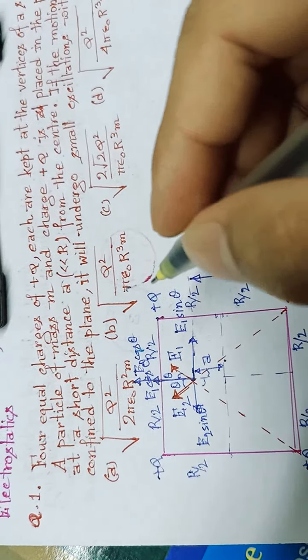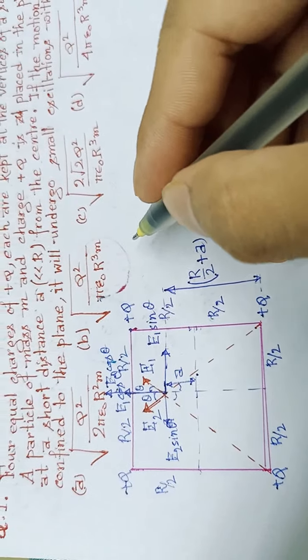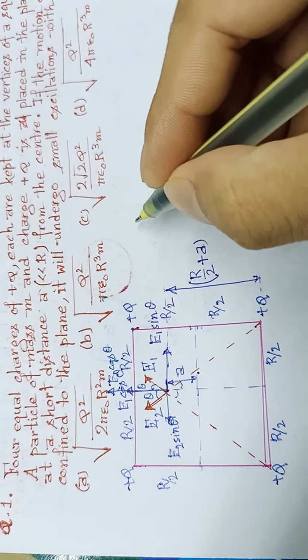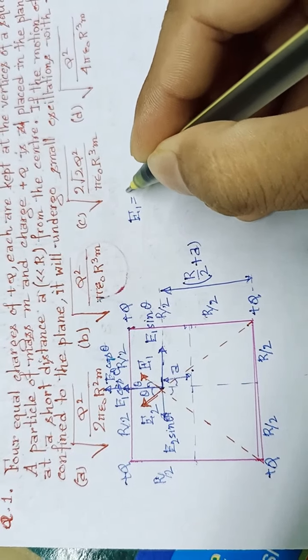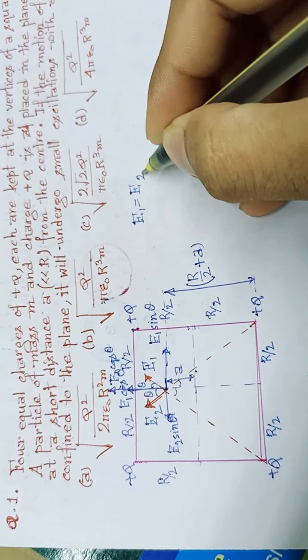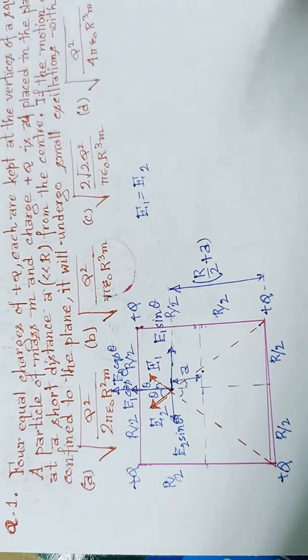So from this diagram we are seeing that E1 equals E2, because both of the angles are the same and charges are the same and distances are the same.